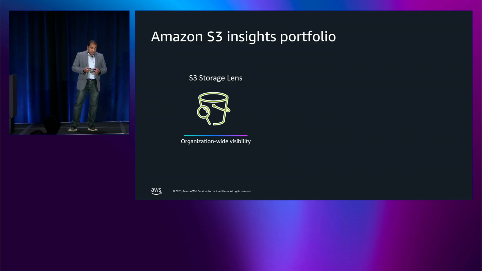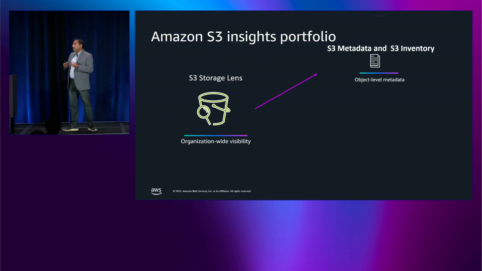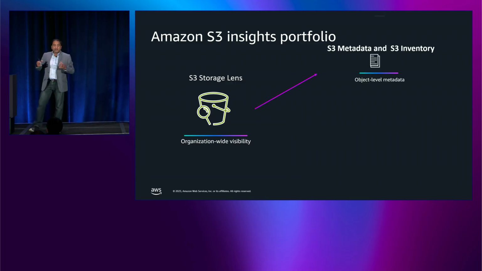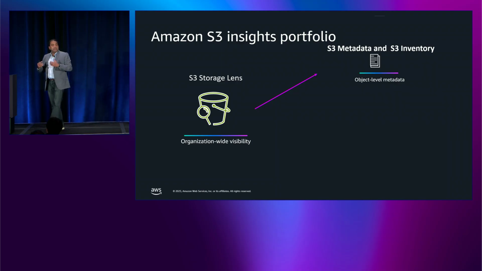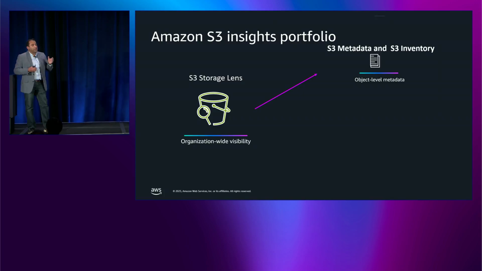Now, if you need more granular data beyond the organization level and bucket level, we have services like S3 metadata and S3 inventory. This goes down to an object level report. So you get a list of objects and the associated metadata. With S3 inventory, you get this on a daily or a weekly basis in a CSV or Parquet format.